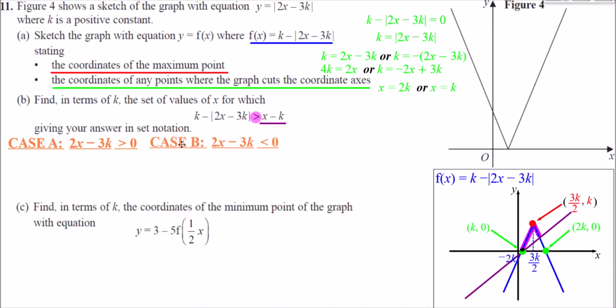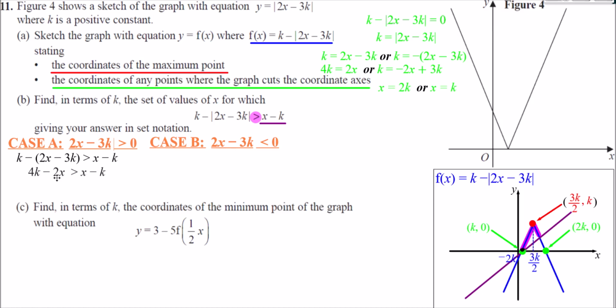What would need to be solved, case B of course, is when what's in the modulus is less than 0. But for case A, what would need to be solved would be f of x, which would be k minus 2x minus 3k. So if this is positive, then it's its own modulus. So these modulus signs are the same as just normal brackets in that case. So if I simplify this by removing the brackets, I'll get k minus 3k, which will be 4k minus 2x.